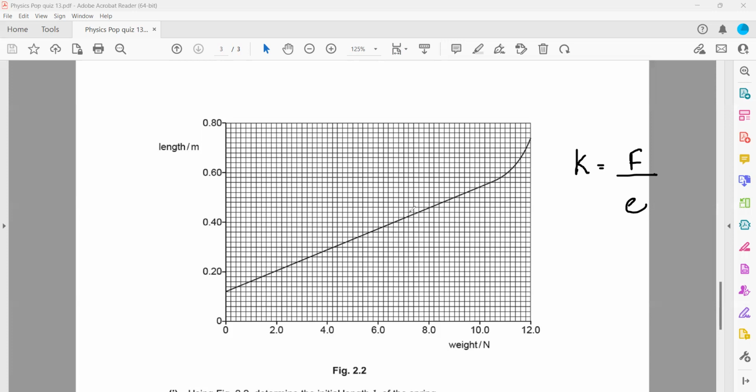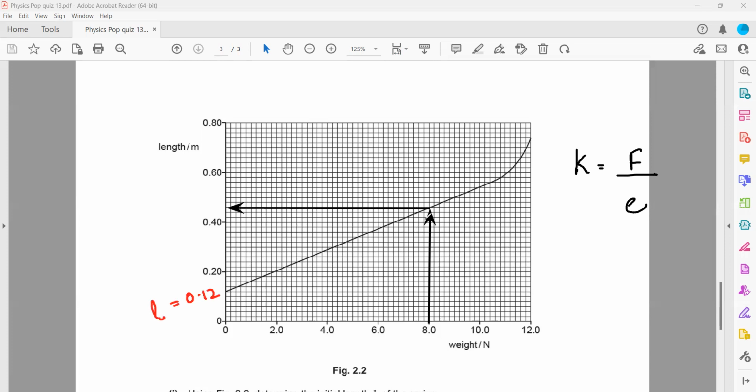It's up to you, you can take any force. For example, if you took a force of 8, what is the length of the spring? The original length of the spring was 0.12.